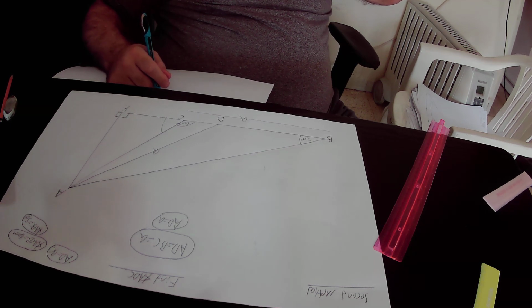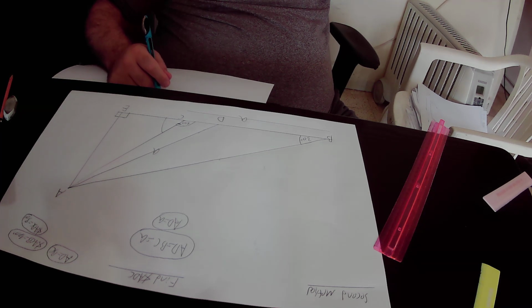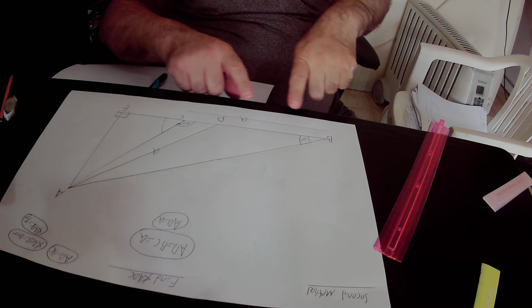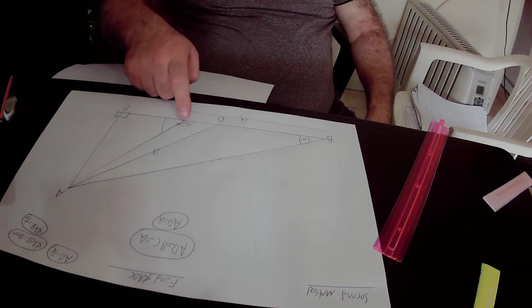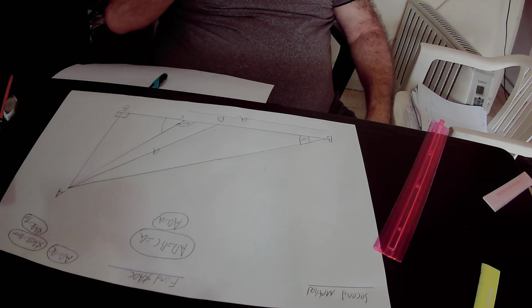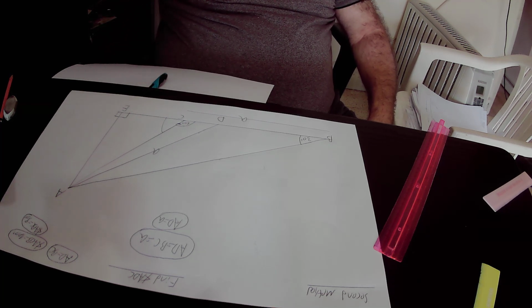And we have the rule that the sum of the angles on one side of a straight line is equal to 180 degrees. So if you focus on the upper side of the straight line BE at point C, then the sum of the angles must be equal to 180 degrees.